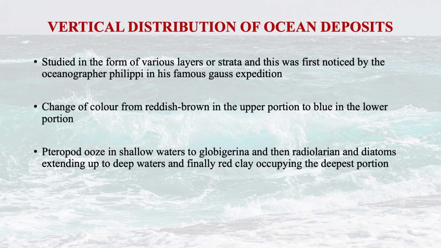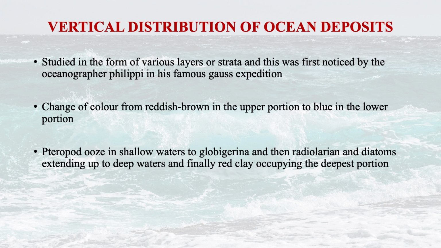And there is also a kind of gradation in the form of pelagic deposits, like pteropod ooze is found in the shallow water. Then, as I explained earlier, Globigerina deposits are found up to greater depths compared to the pteropod oozes, because they can withstand both warm and cold water. So they are found at relatively deeper portions compared to the pteropod.